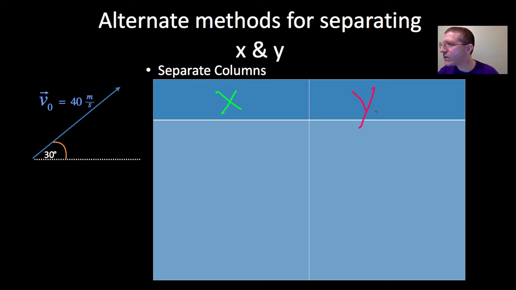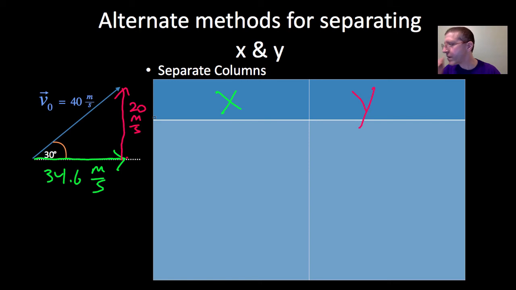So our x value to start off with, we already have done all the math here. This is going to be our x component, which we've already figured out is 34.6 meters per second. And our y component, right here, we've also already figured out, is 20 meters per second.